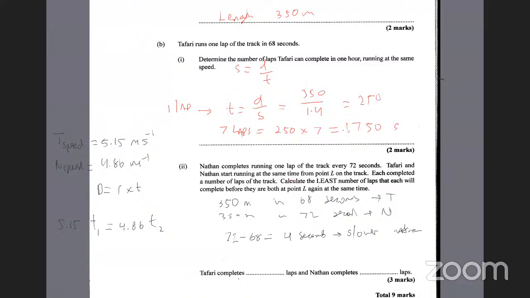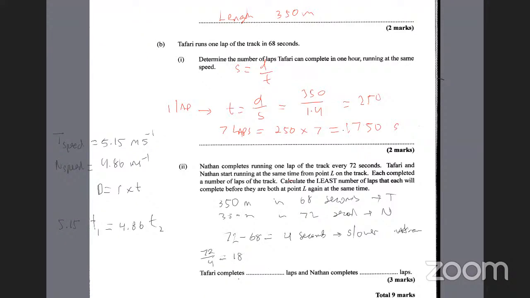So 72 divided by 4 is how much? 72 divided by 4 is 18. Right? 72 divided by 4 is 18.